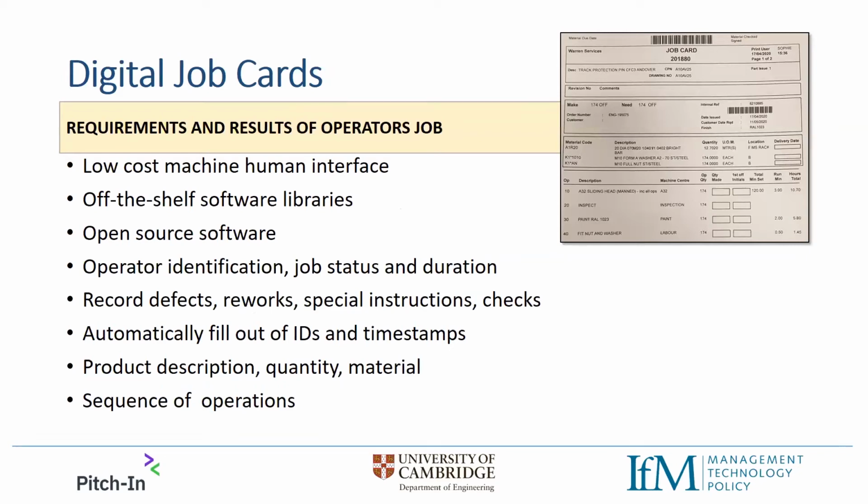This paper card, sometimes called a travel card, goes together with a part from station to station, telling the operator what to do. There's also other information saying what the material of that part is, who the owner or customer is, and if there is any checking or inspection, it's also reflected there. You can see an example on the right-hand side.